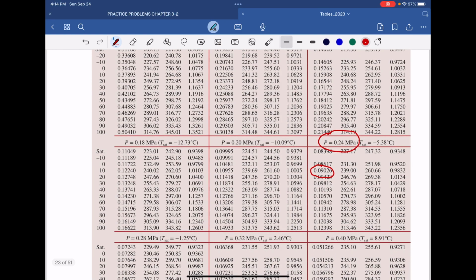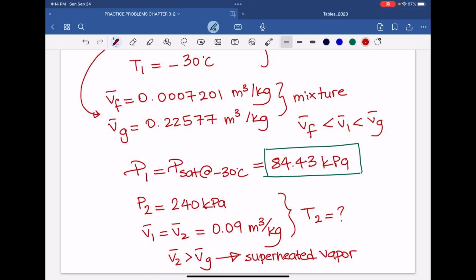So approximately, I can read the corresponding temperature to be around 10 degrees Celsius. Or if you want the exact value, you can also do linear interpolation. Approximately 10 degrees Celsius.